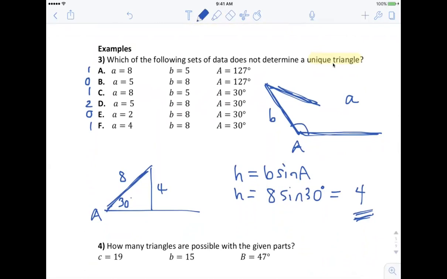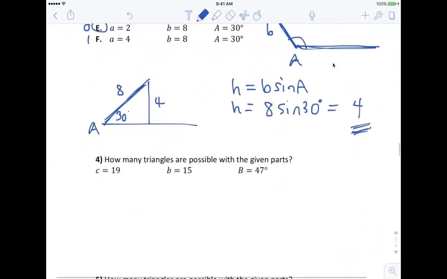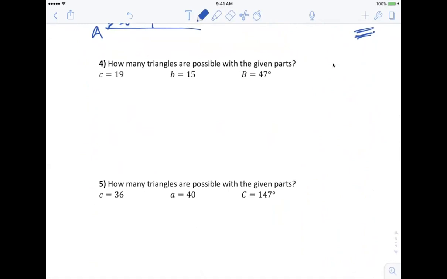If I answer this question, which of the following sets does not determine a unique triangle? Well, it's all the ones that are not 1. So B is not unique, D and E would be my final answers for that. But really you're practicing trying to figure out how many possible triangles. Okay, now let's just keep practicing with that.